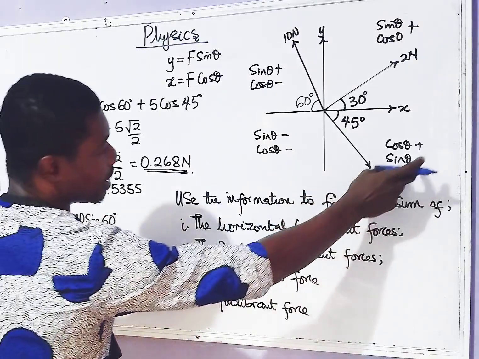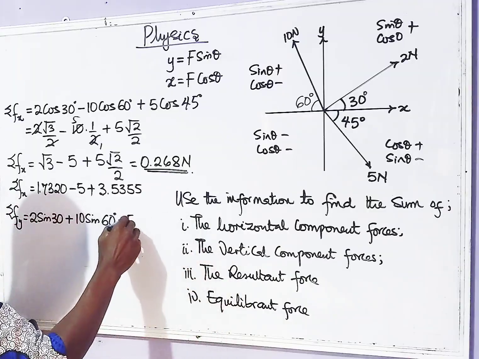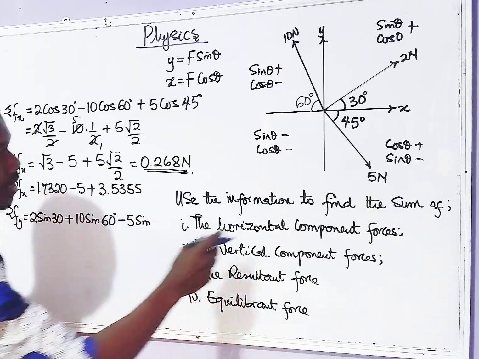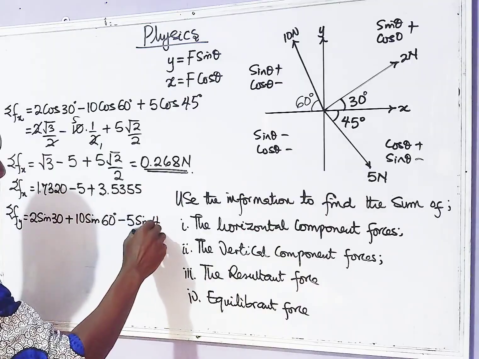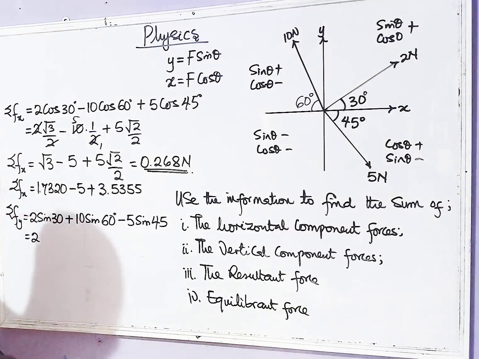Now this one here, sine here is negative. Then the force here is 5, then sine 45. So we then have that 2 sine 30 should also give us 1 over 2.